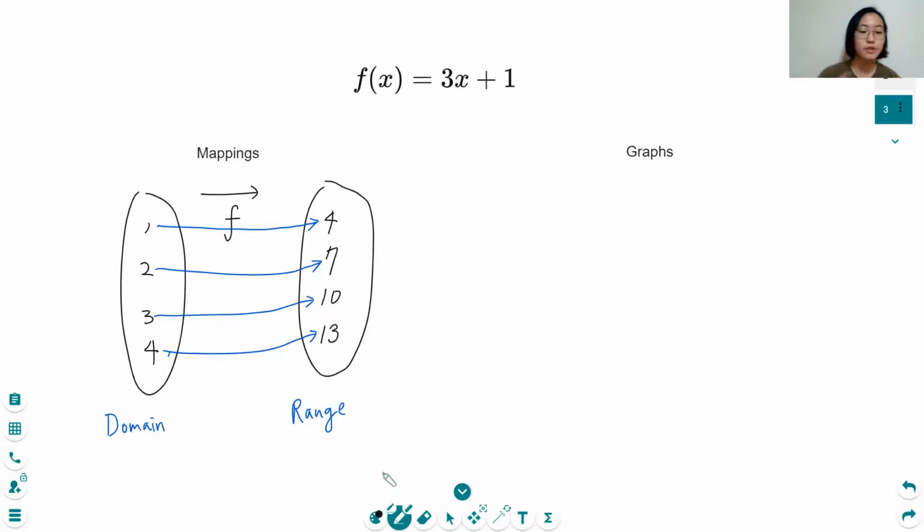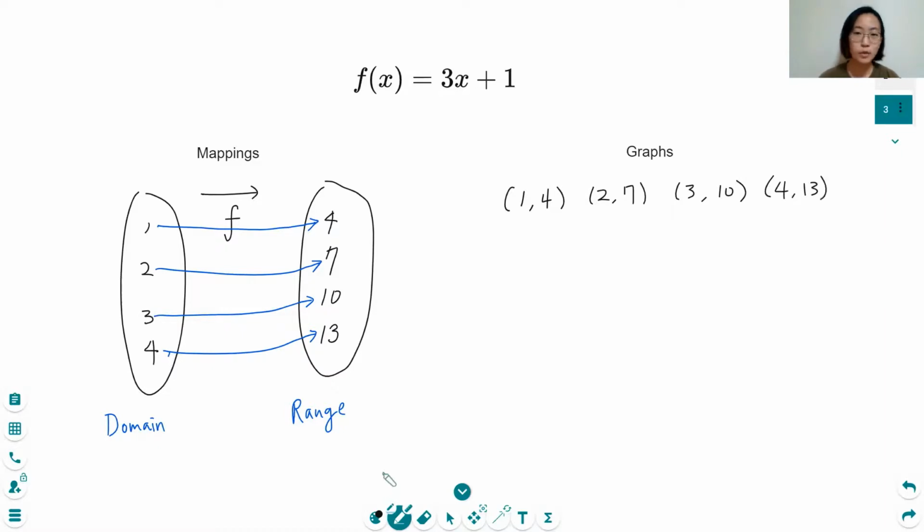So you kind of already know how to graph equations, and you can do the same thing for functions. So for every input-output pair we have, so from this mapping, let's say we have 1, 4, 2, 7, 3, 10, and 4, 13.